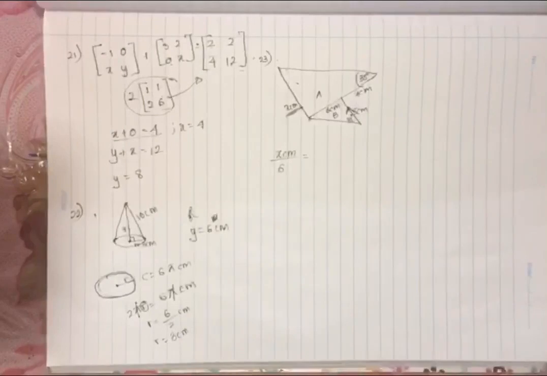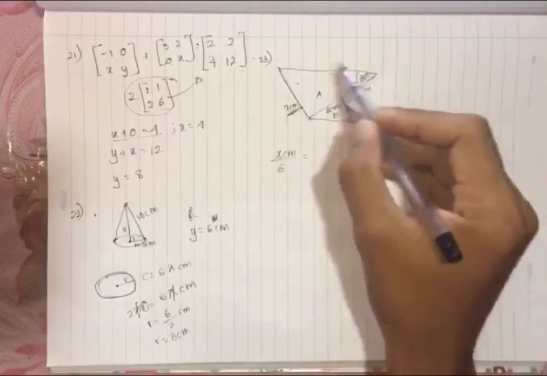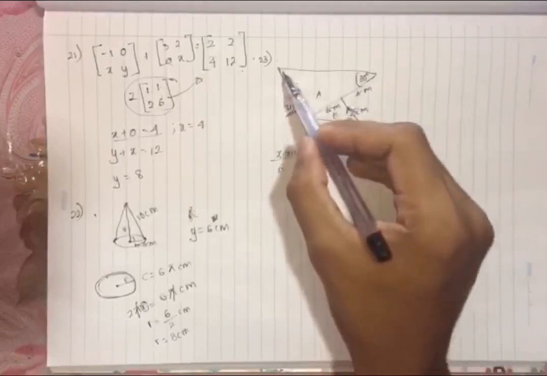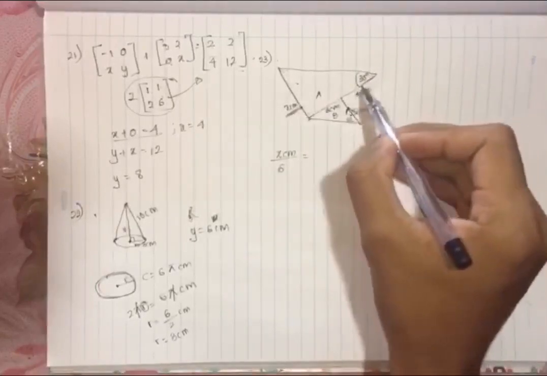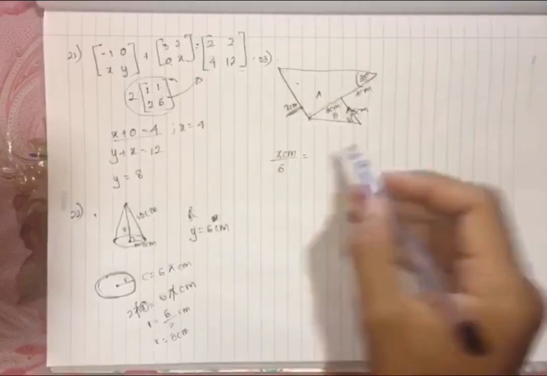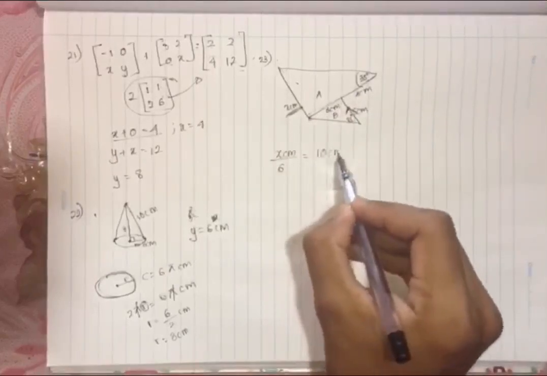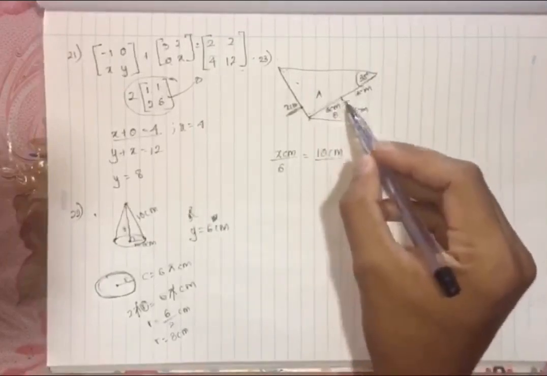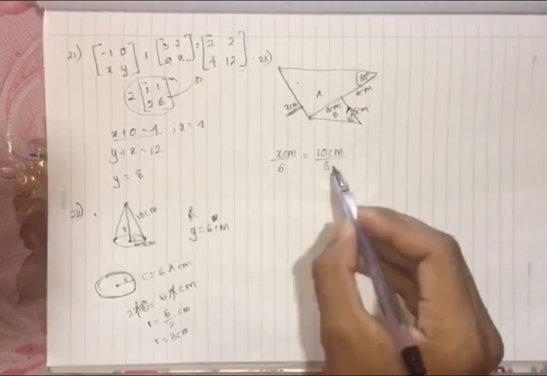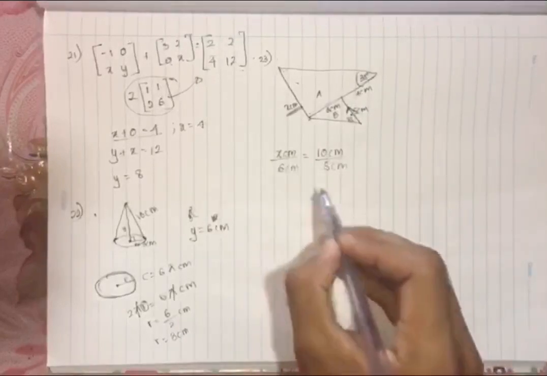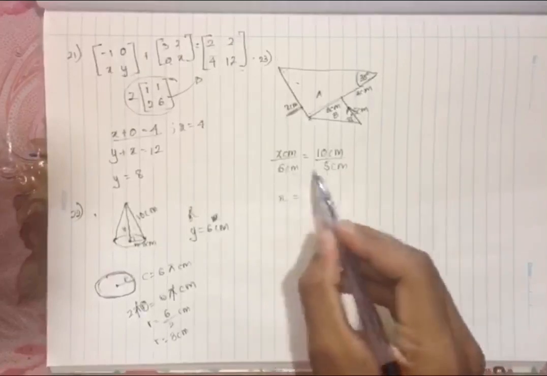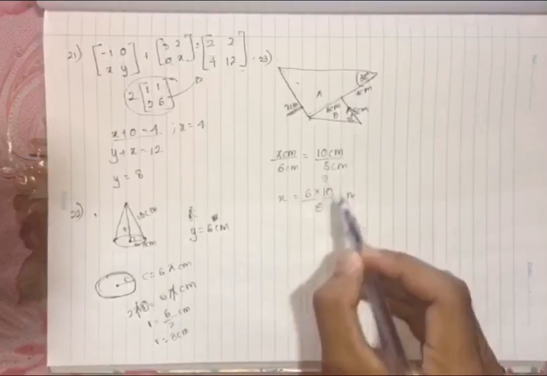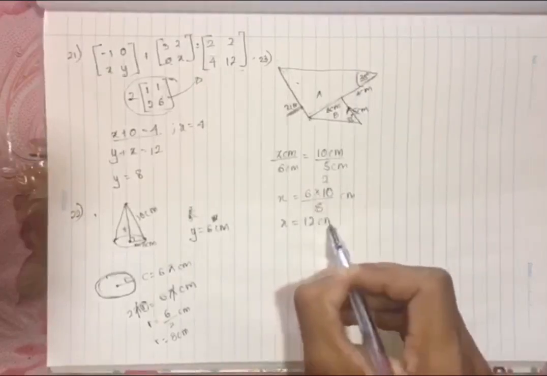Now, in the larger triangle you have only one piece of information given. They have not said anything about this angle. They have given you only this length. Therefore, let us write the total length, that is 10 centimeters. And then in the smaller triangle, what is the other side given? Only this 5. Therefore, let us write this 5 and then solve. How much will x be? You have 6 times 10 divided by 5, which is 12. So you have 12 centimeters.